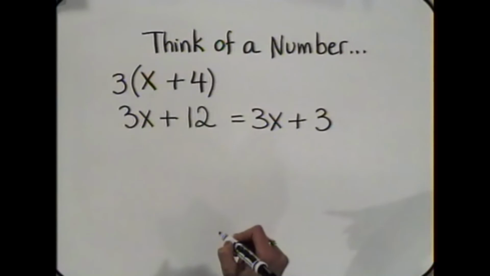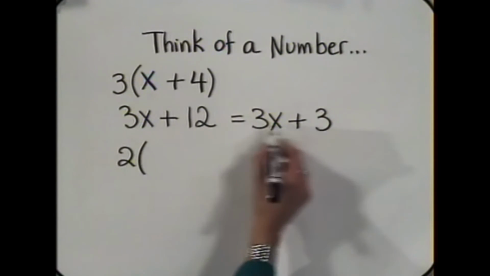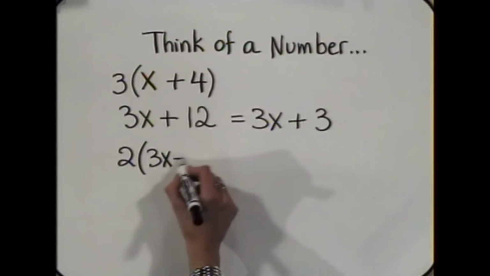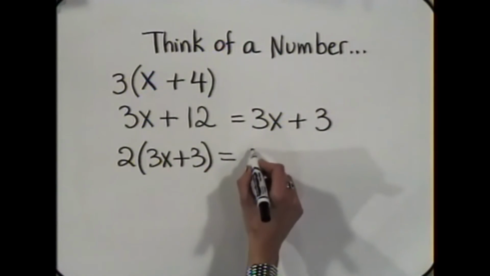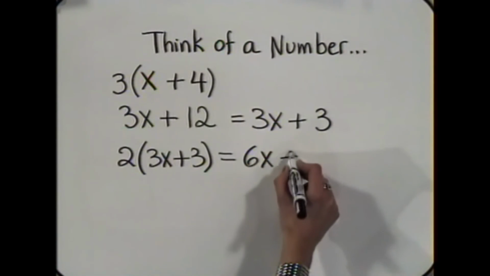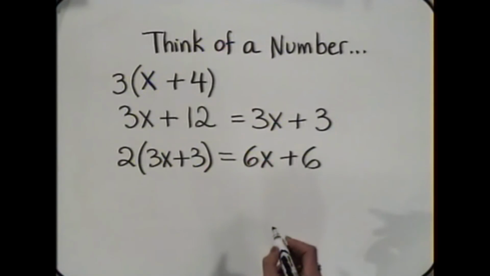After that, I said multiply by 2. Well, if I multiply by 2 this quantity, 3x plus 3, I get, again, the distributive law. 2 times 3x is 6x. 2 times 3 is 6. Then it says divide by 6.